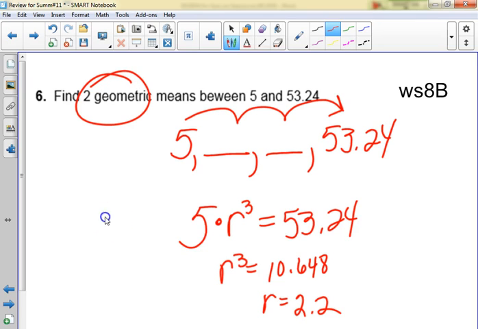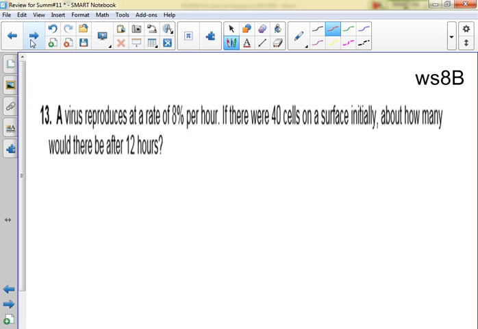Or 11/5, which would make this 11, I'm thinking. And 121/5, or decimal, since the rest of it was 24.2. And those are self-checking, right? If you did it times 2.2 again, you should get 53.24. All right.